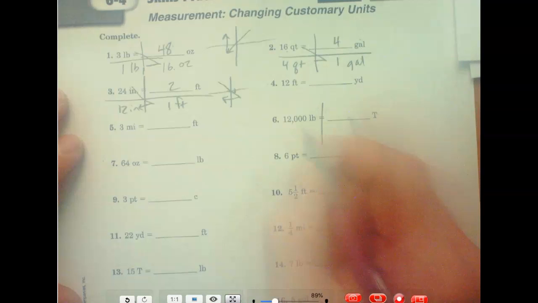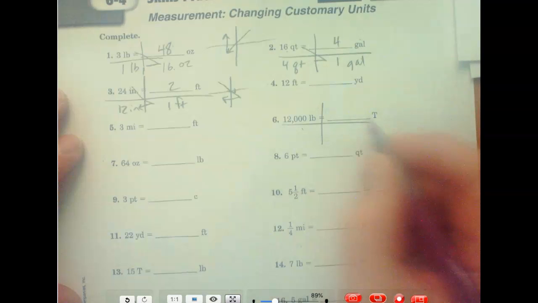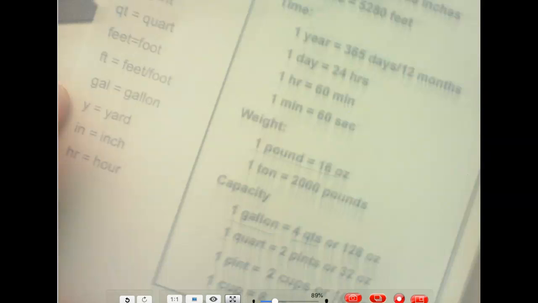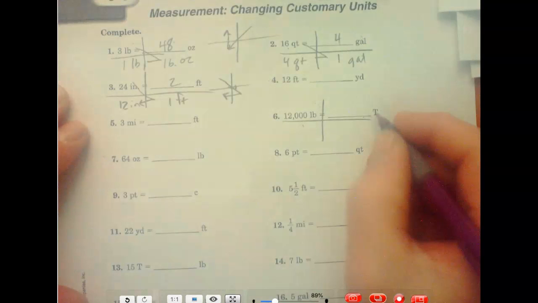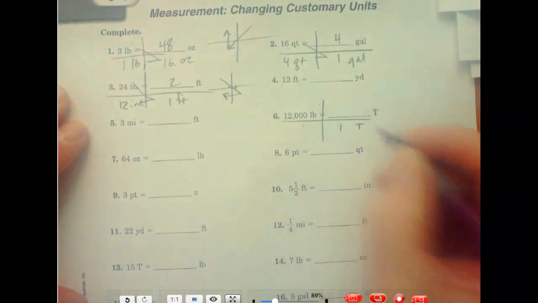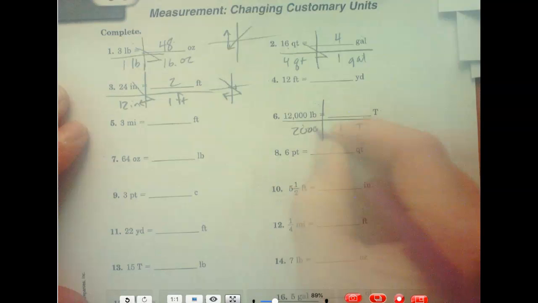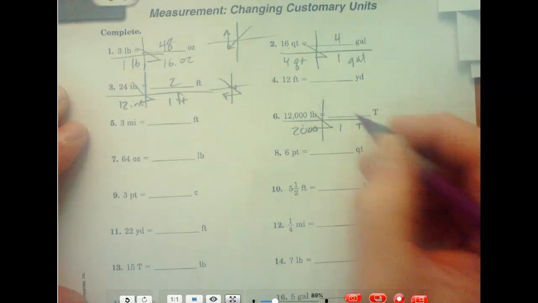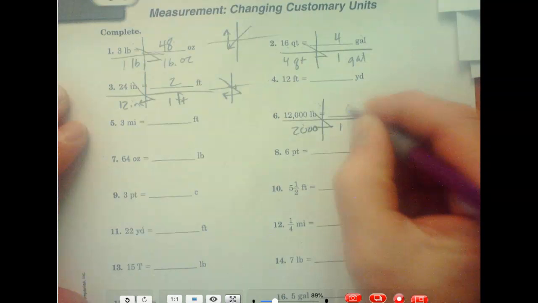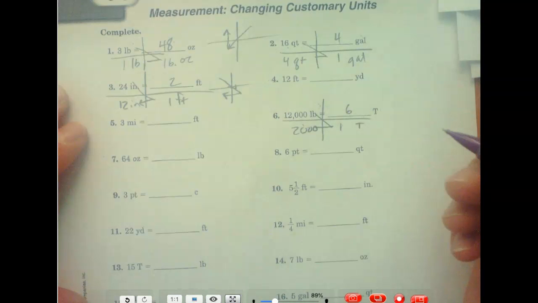I'm skipping around. 12,000 pounds is how many tons? Well, let's take a look at our list here. 1 ton, 2,000 pounds. So let's put that in. 1 ton, 2,000 pounds. So 12,000 times 1 divided by 2,000. You can use your calculator again, but that's 6 tons.